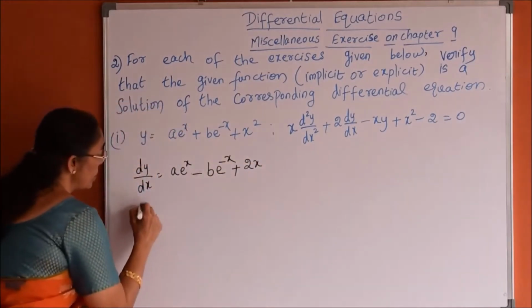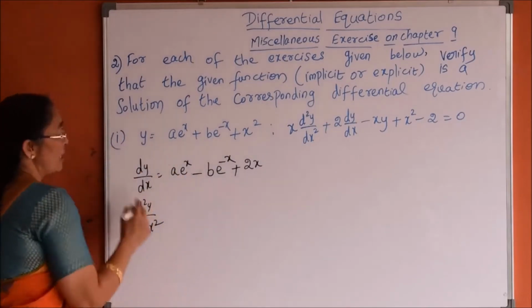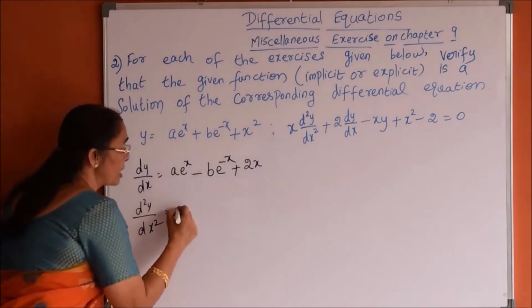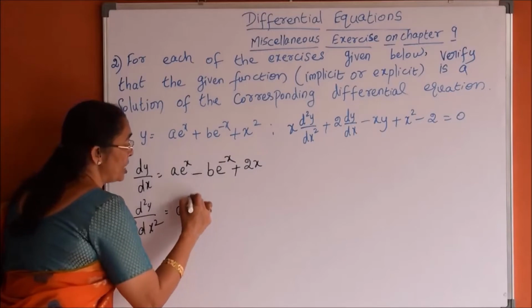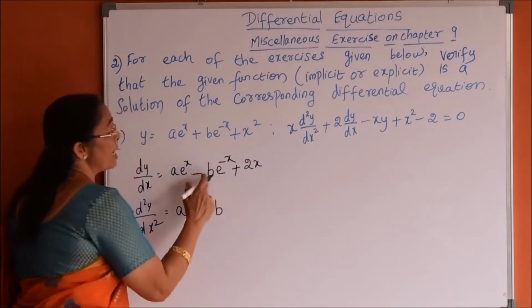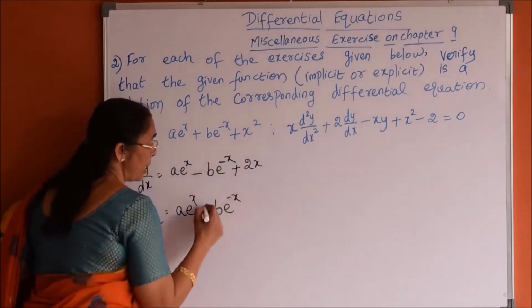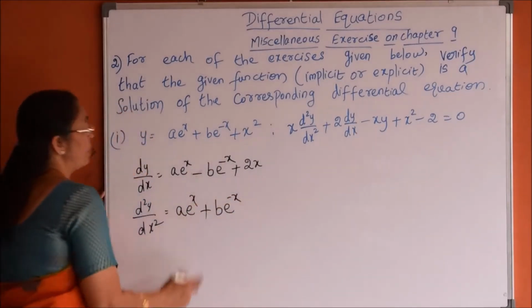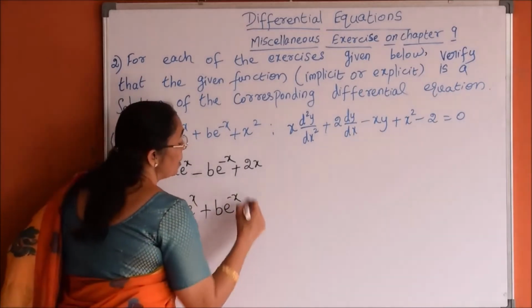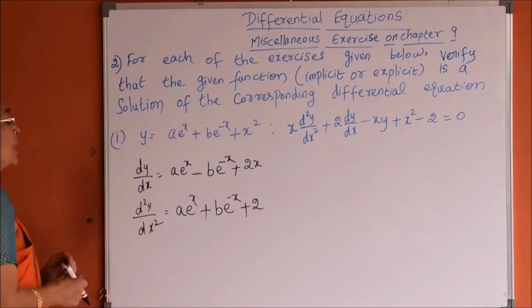Now, d square y by dx square, let us differentiate again: a e power x differentiates to a e power x, minus b e power minus x, b into differentiation of e power minus x, which is e power minus x by minus 1, which is plus b e power minus x, plus 2x differentiates to 2 into 1, which is 2.